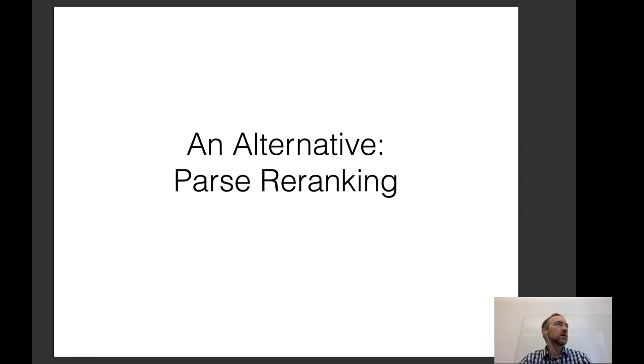Okay, so I talked about incremental parsing, and I also talked about two varieties of dynamic programming or algorithm-based methods for doing global training or global decoding over CRF-style models. At the same time, there's an alternative of parse re-ranking.